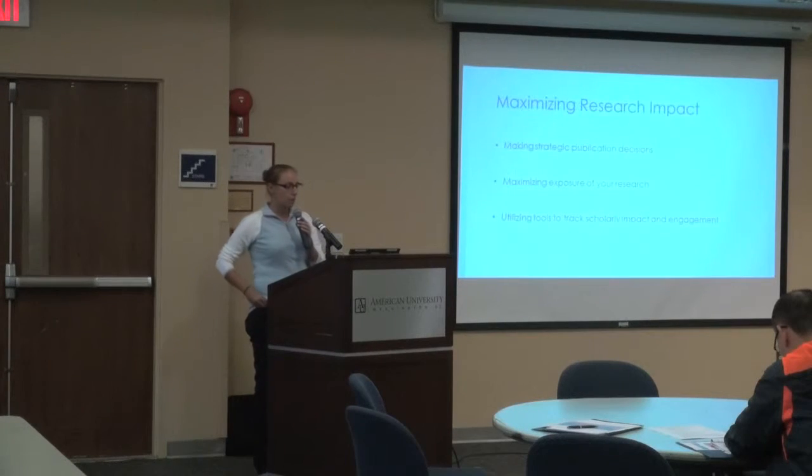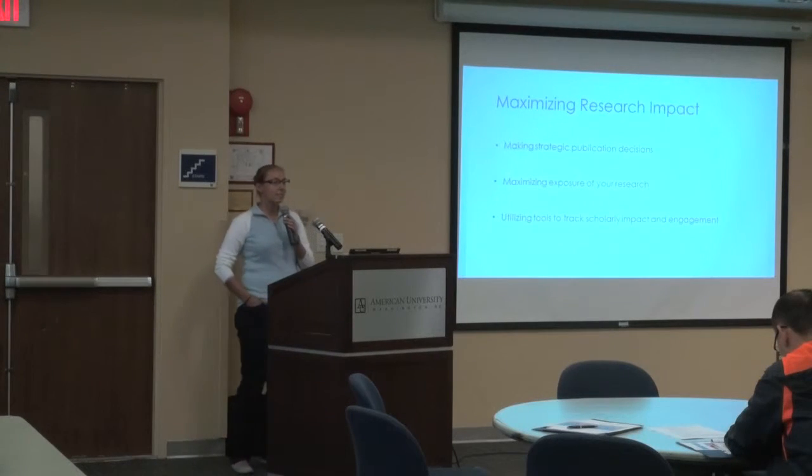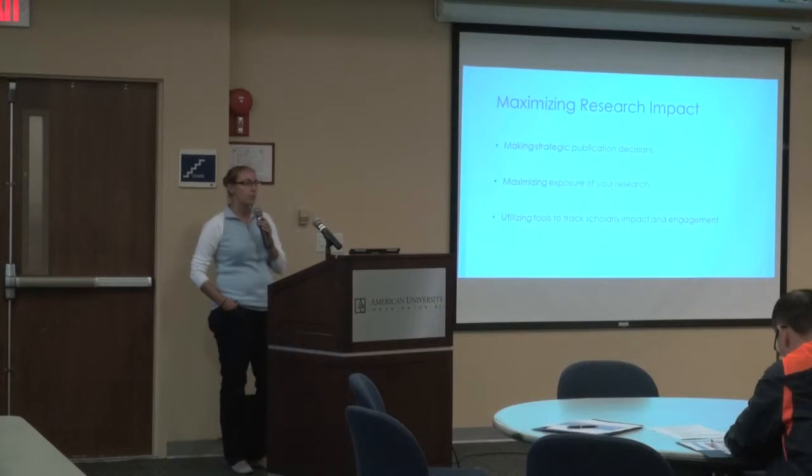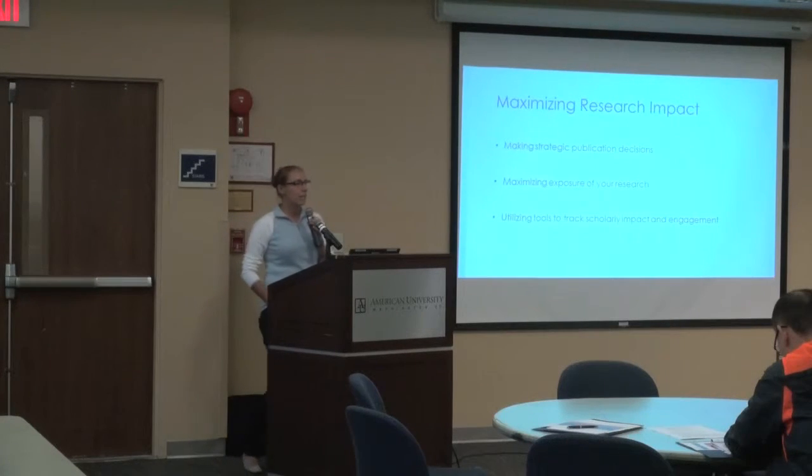So we're going to talk about three main stages about how you can maximize your research impact, starting with making strategic decisions when you are publishing. And apologies to those of you who are not in journal-heavy fields. Most metrics are centered around journals and journal articles, so that's mostly what I'll be talking about today. But the main takeaway today is that there is help for you in all of this.